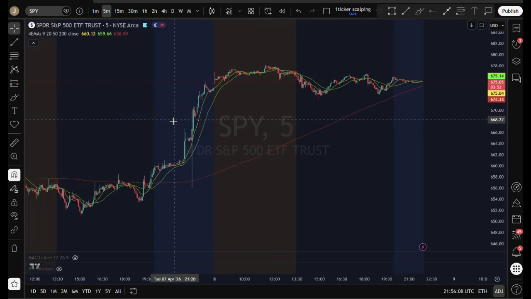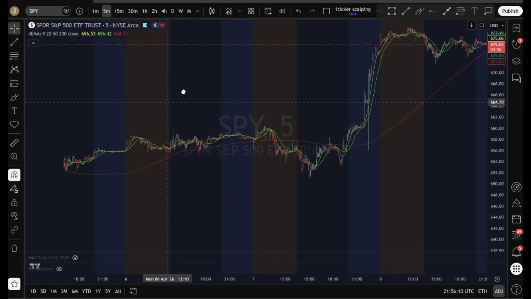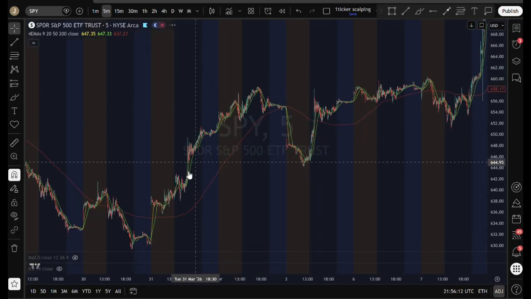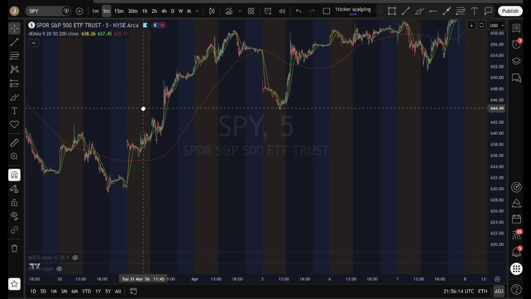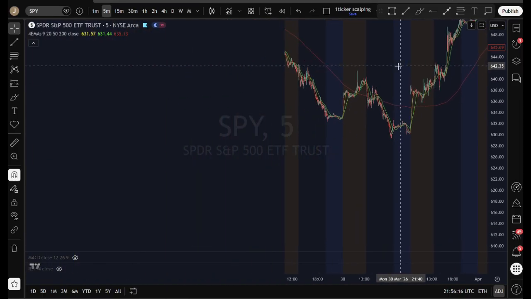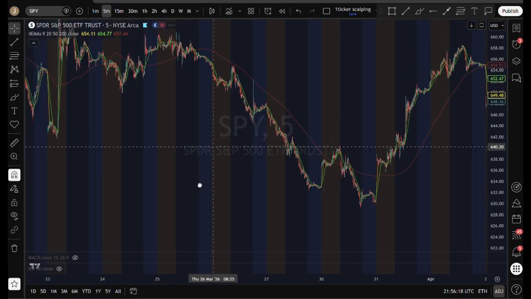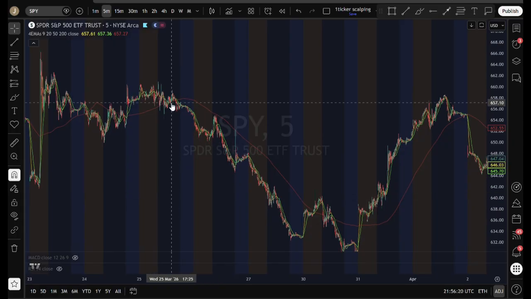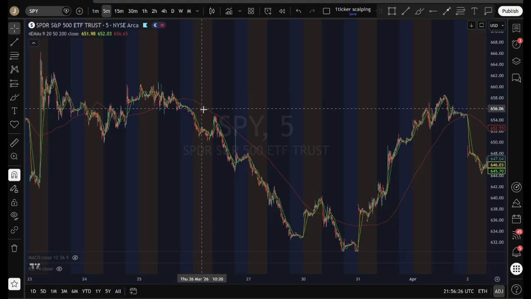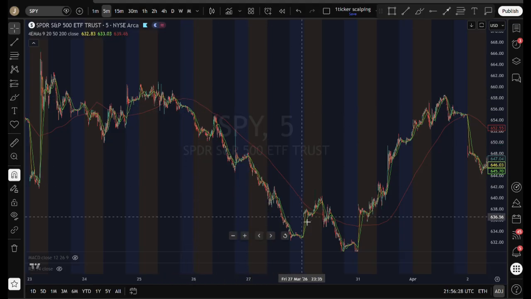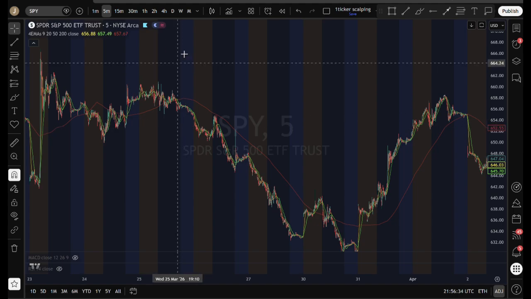And the same as if we're below the 200-day moving average. Right here, when the 9 and the 20 are below the 200, you can look for continuation of going on a downside with the price and look more into put options.